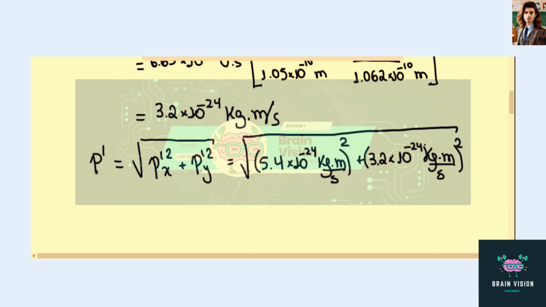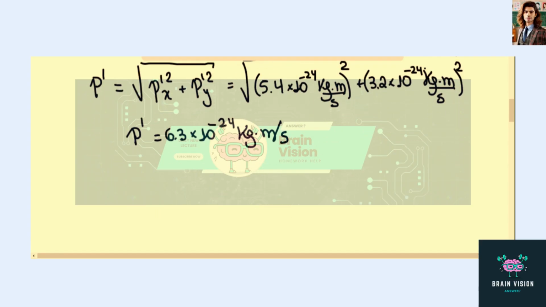So P prime is equal to 6.3 times 10 to the minus 24 kilograms meters per second. This is the magnitude, and now we also have to find the direction.